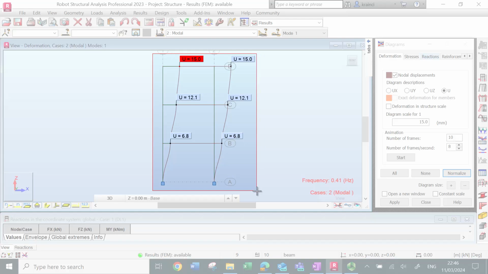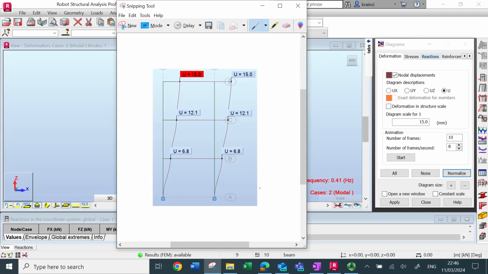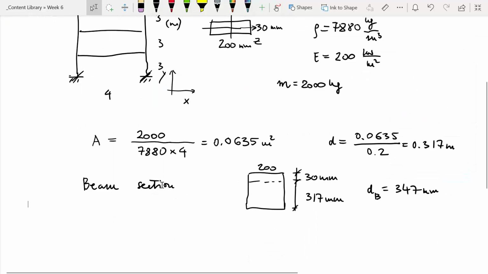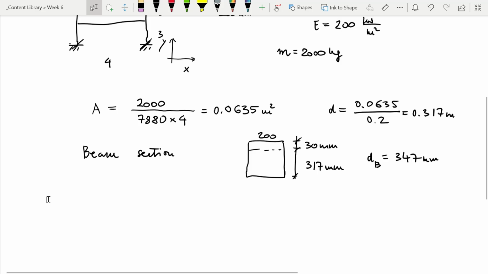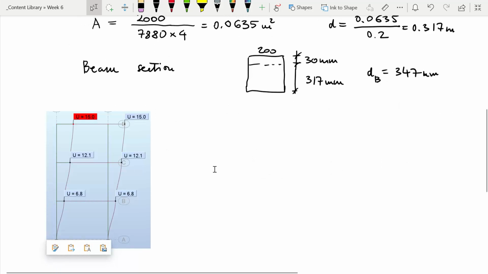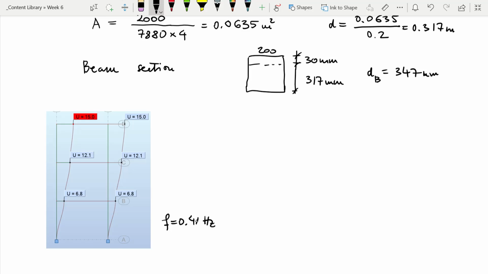This is the first mode, frequency is 0.41. Okay, so that is the first mode oscillations.